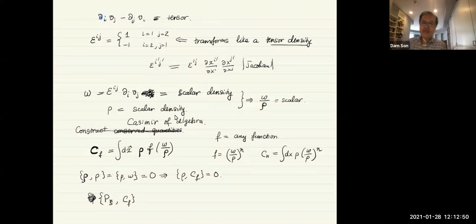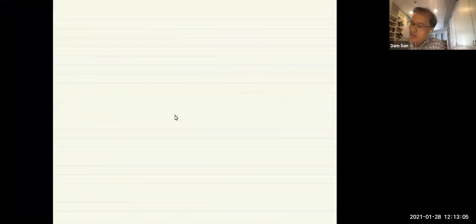P of C is the operator of infinitesimal coordinate transformation, under which we know that rho transforms like a scalar density, so that is minus Ci di rho minus rho di Ci.